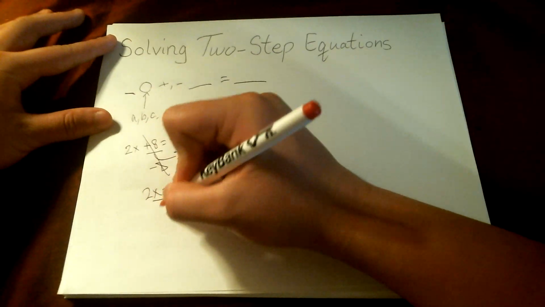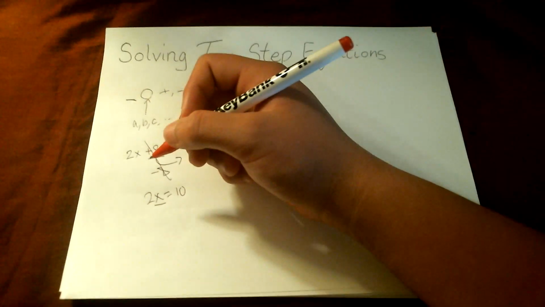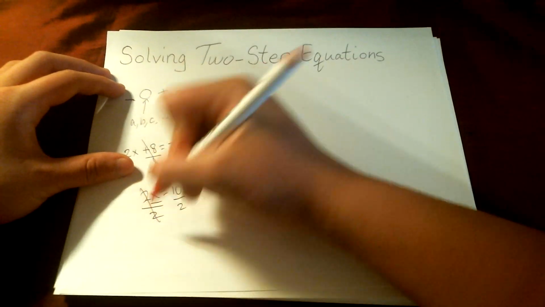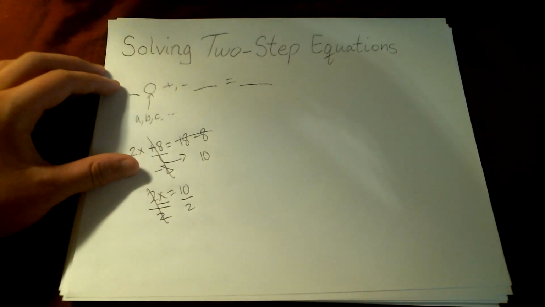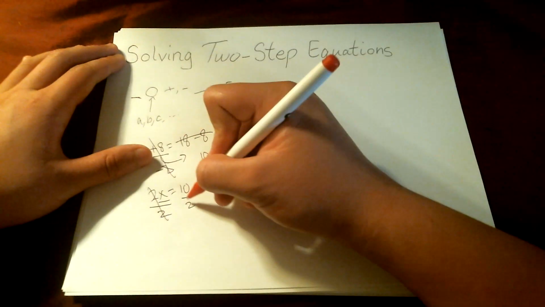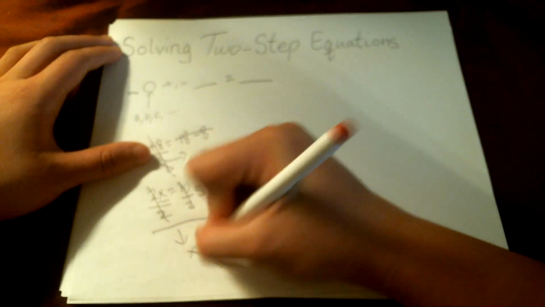And this x here, we would solve that by dividing both sides by 2. So this will cross out, and this would change into 5. Alright, so then this would be x equals 5.